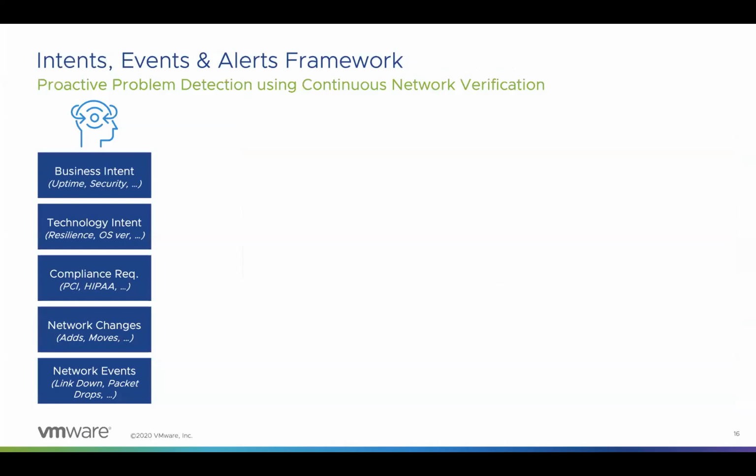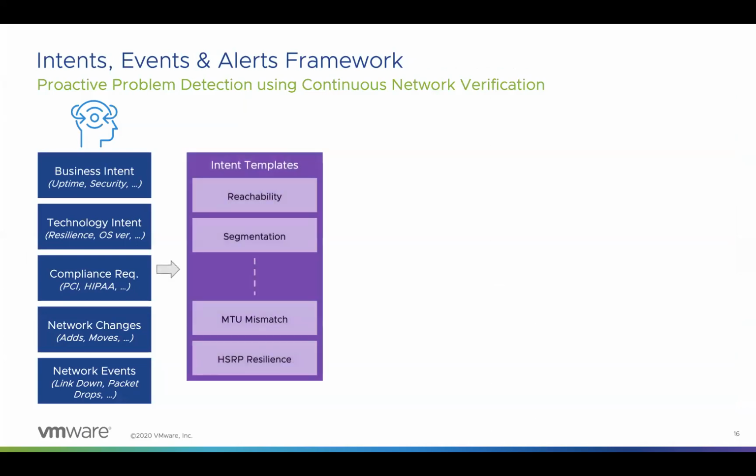So just to recap, vRealize Network Insight's network assurance and verification capabilities make sure that you can think at the high level, define business intents, define compliance requirements for STIG or PCI, and you can translate those intents using our out-of-the-box templates with the best practices like MTU mismatch, reachability.